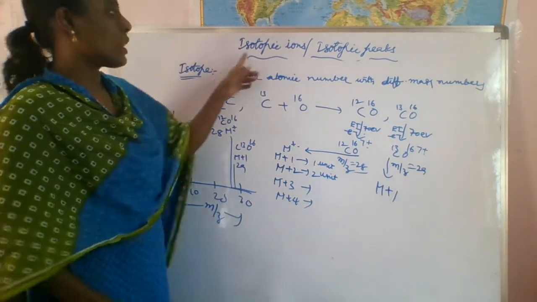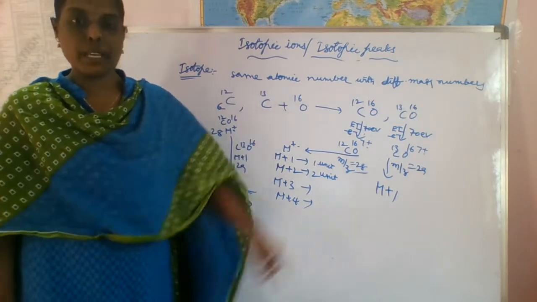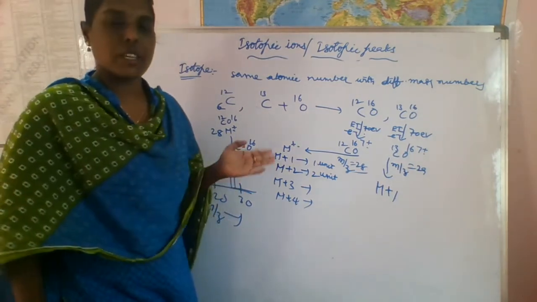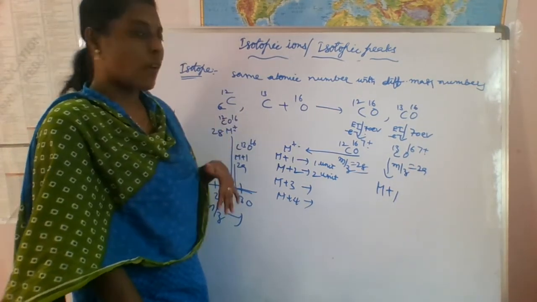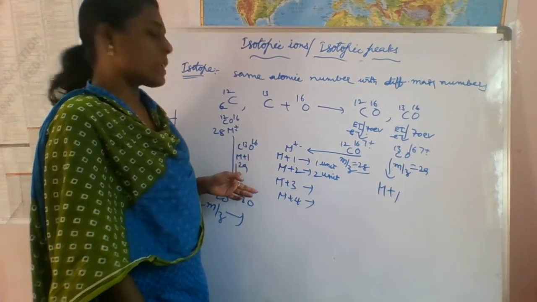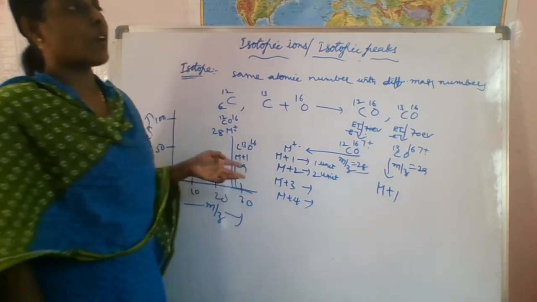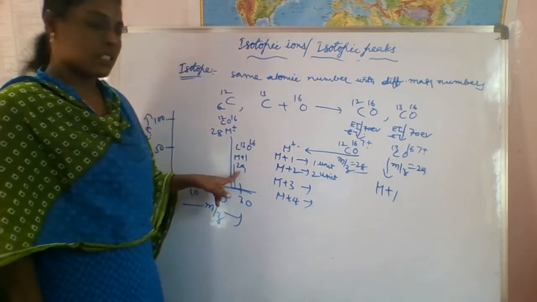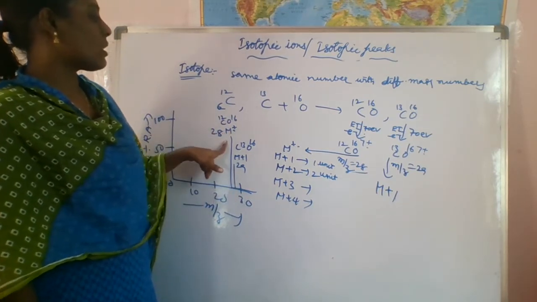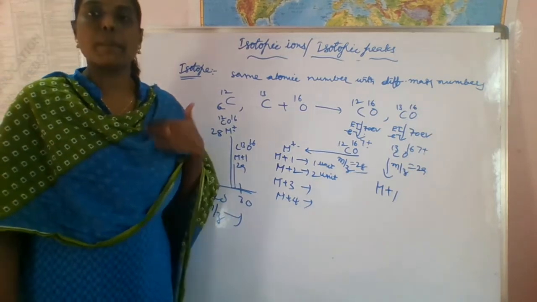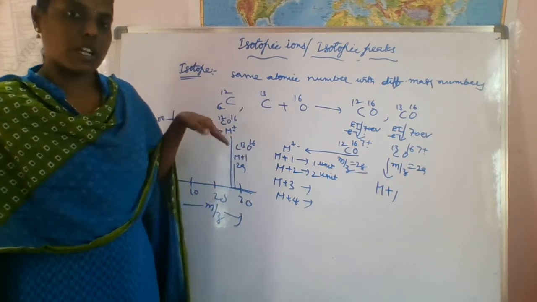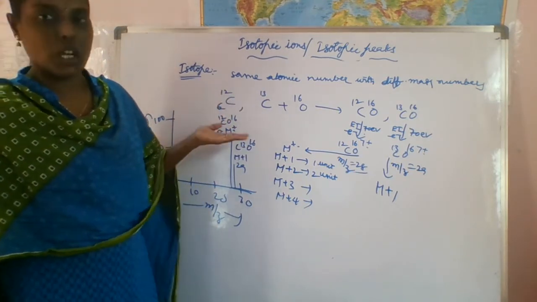So what is the use of these isotopic ions or peaks? One main application is that we can determine the molecular formula. We calculate the abundance of the M+1 ion relative to the molecular ion. Then we can calculate the number of carbon atoms, and thereby determine the molecular formula.